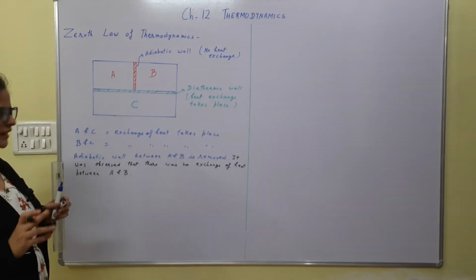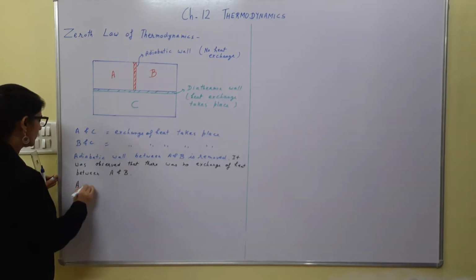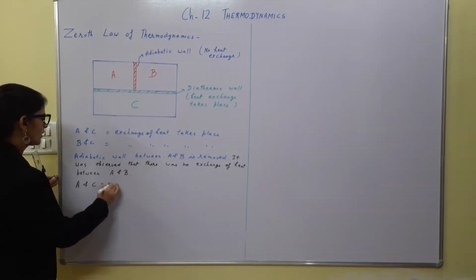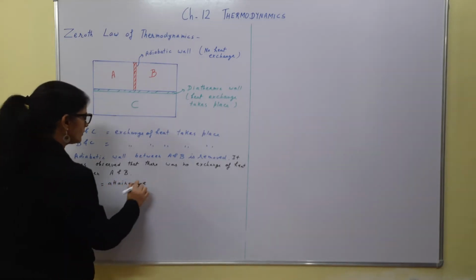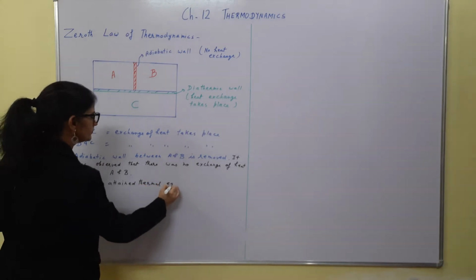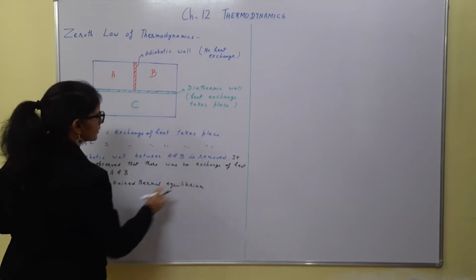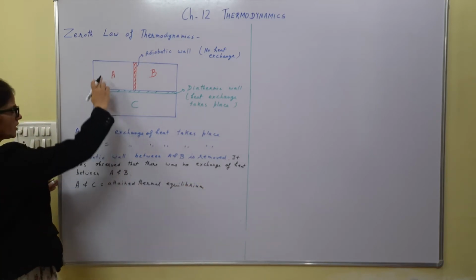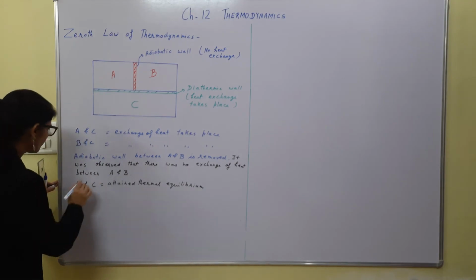Right? What does that indicate? It indicates that A and C attained thermal equilibrium till the heat exchange brought them to thermal equilibrium.